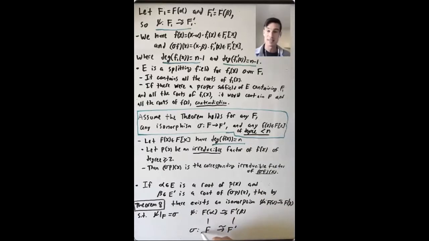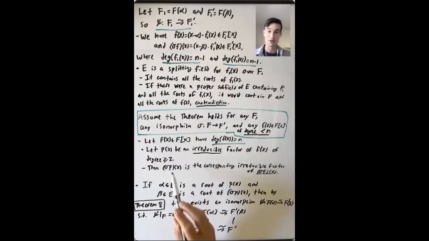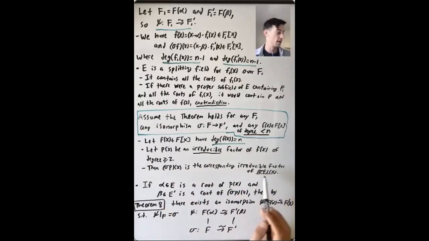And you restrict down to this copy of F inside of F adjoin alpha, and you get this isomorphism sigma from F to F prime. So the important thing is, where do alpha and beta come from? They are a root of this irreducible factor p of x of degree at least 2, and the corresponding irreducible factor sigma of p of sigma of f.